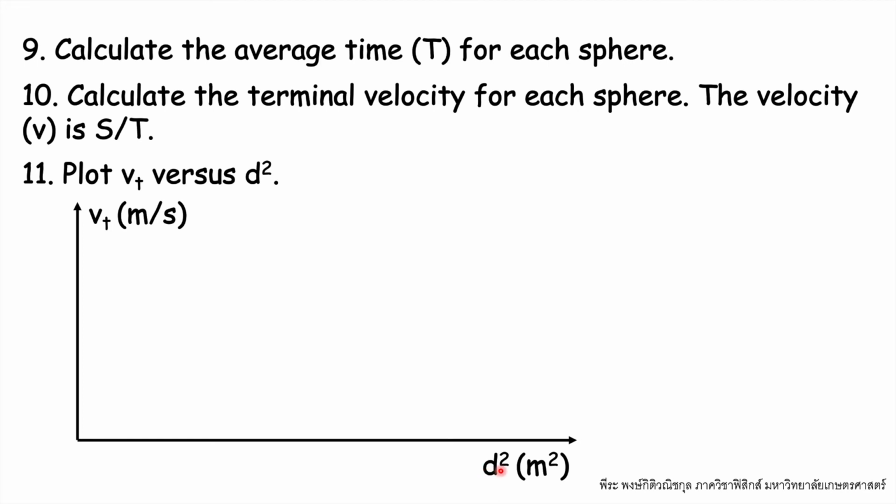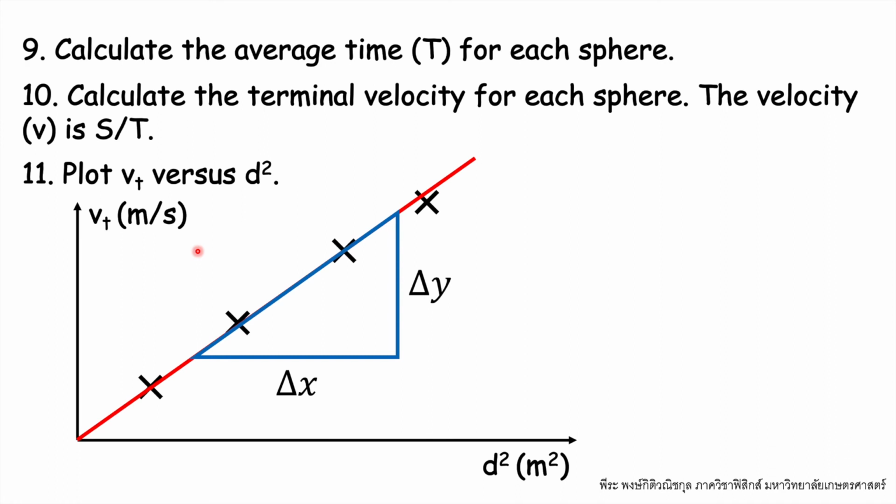Use d squared on the x-axis and terminal velocity on the y-axis, and then plot your data. And then you will draw a trend line and find the slope of this line, which is delta y over delta x.